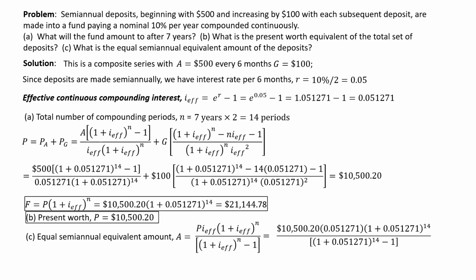So it turns out to be as though you are depositing $1,069 every 6 months. That avoids the complication of 500, then 600, then 700, and 800. Instead of doing all that, every 6 months you could be paying only this amount. Cool? Did that make sense?